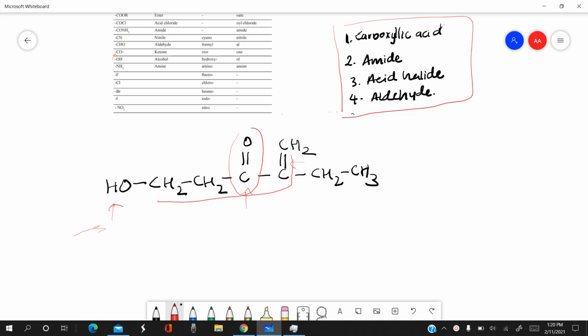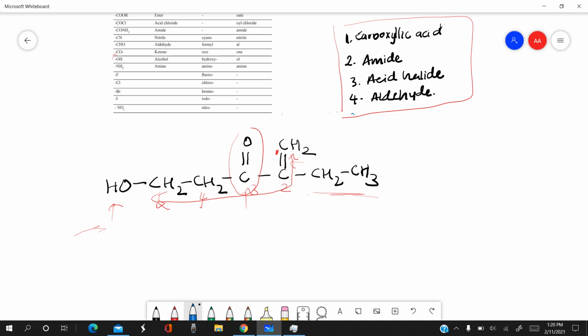So this is the longest carbon chain and number such that the major functional group and most of the functional groups get the lowest number. So I'll start from here: 1, 2, 3, 4, 5. So in this way, the double bond gets the lowest number and the ketone group also gets the lowest number, even the ethyl group.